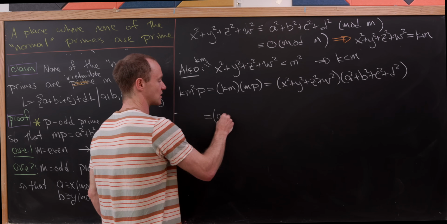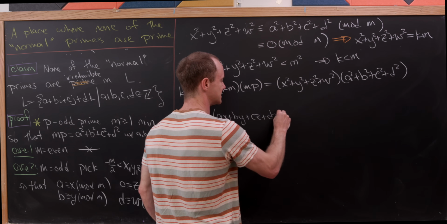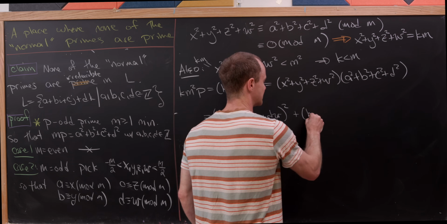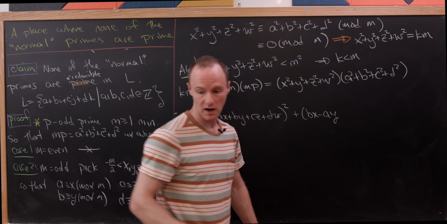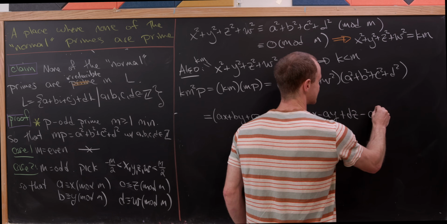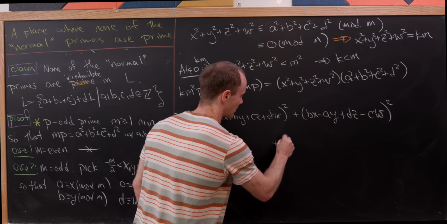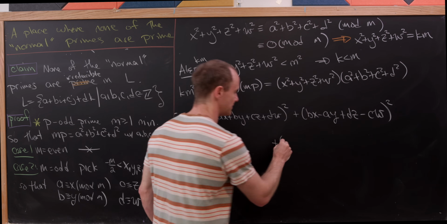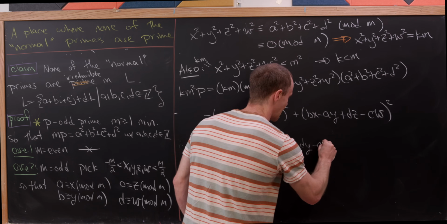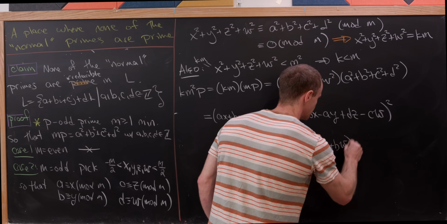So our first term is ax plus by plus cz plus dw quantity squared. And then our second term is bx minus ay, and then plus dz, and then minus cw squared. And then our third term is going to be cx minus dy minus az, and then finally plus bw squared.